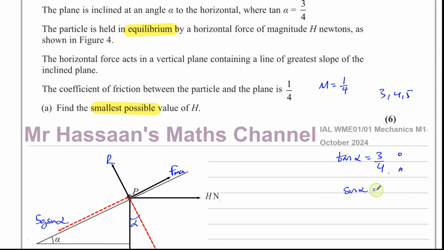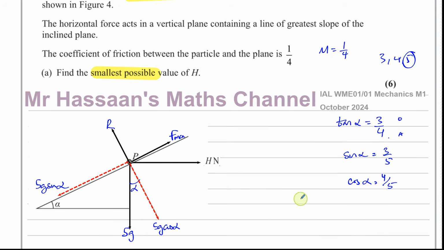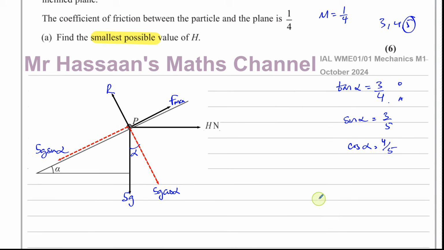So the sine of the angle is opposite over hypotenuse, which is 3/5. And the cosine of the angle is the adjacent, 4, divided by the hypotenuse, 5. Those values of sine alpha and cosine alpha will be useful for us in questions such as this.